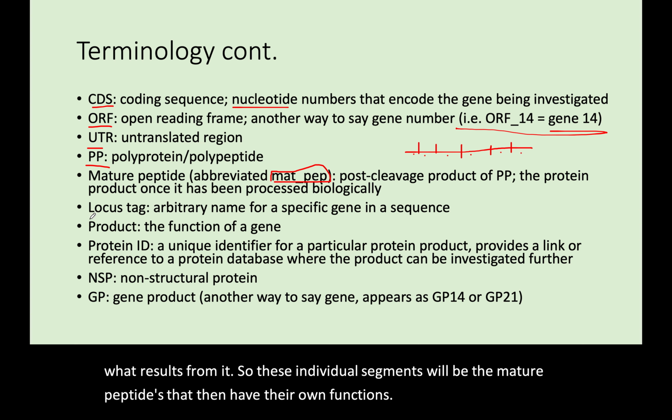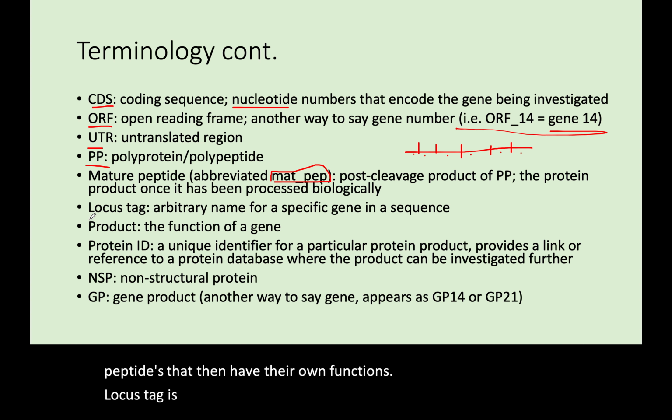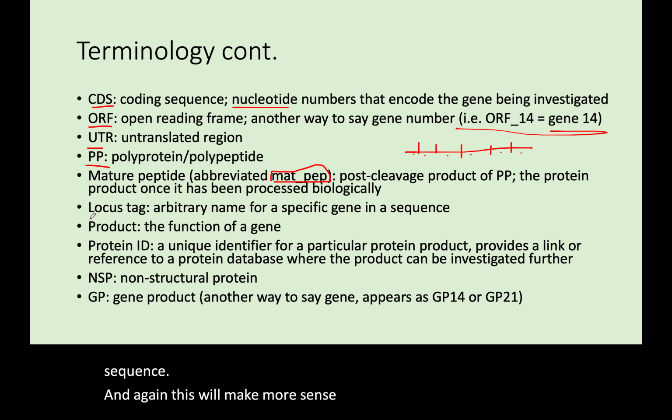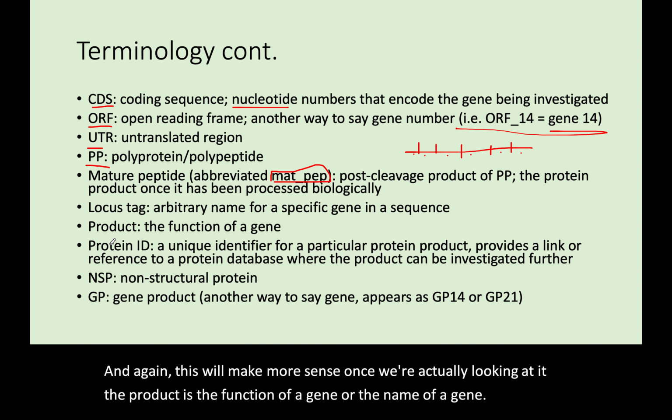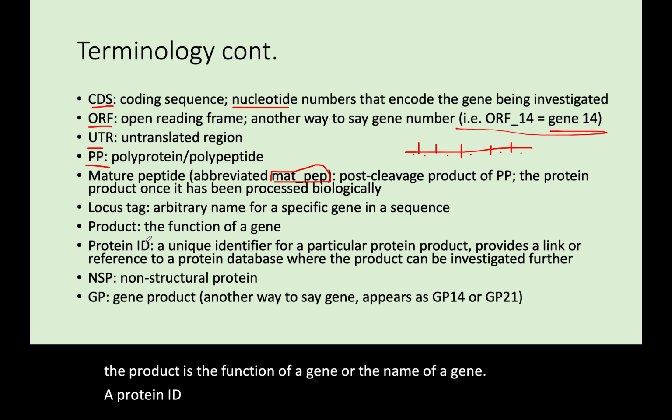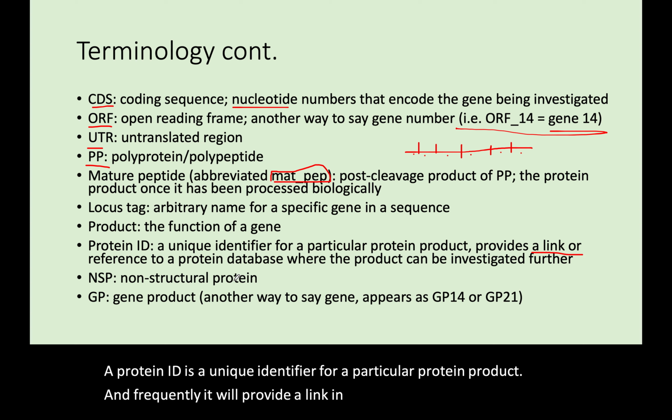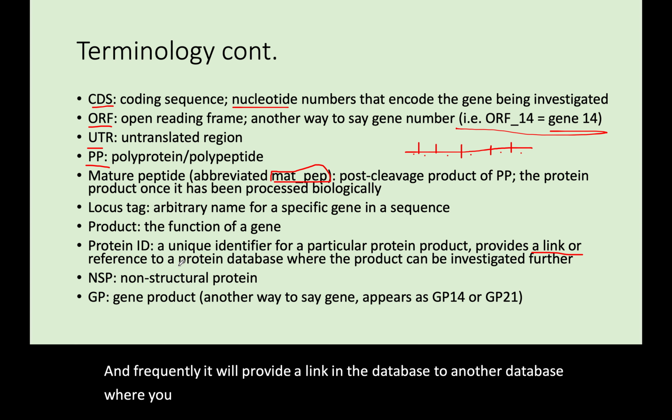A locus tag is a completely arbitrary name for a specific gene in a sequence. Again, this will all make more sense once we're actually looking at it. The product is the function of a gene or the name of a gene. A protein ID is a unique identifier for a particular protein product. Frequently it will provide a link in the database to another database where you can look at that particular protein of interest.